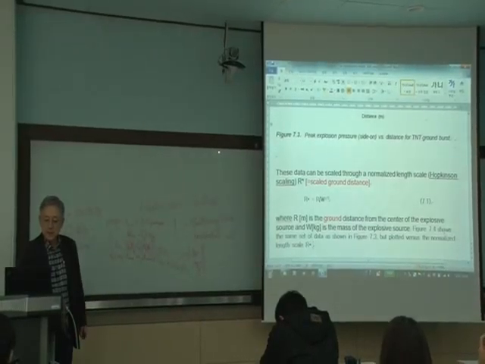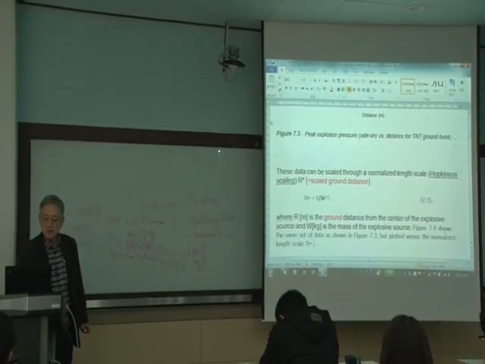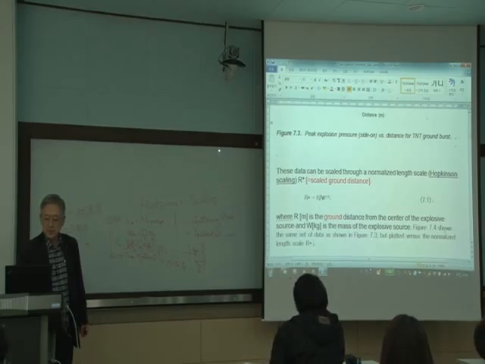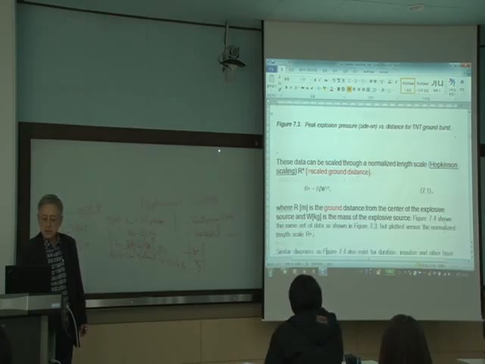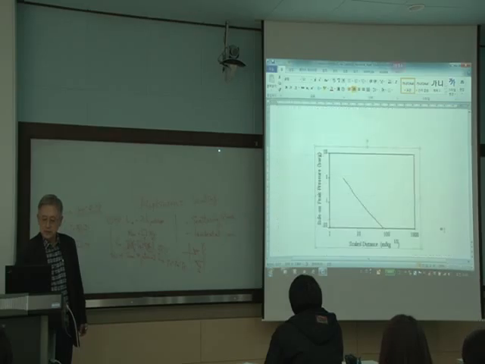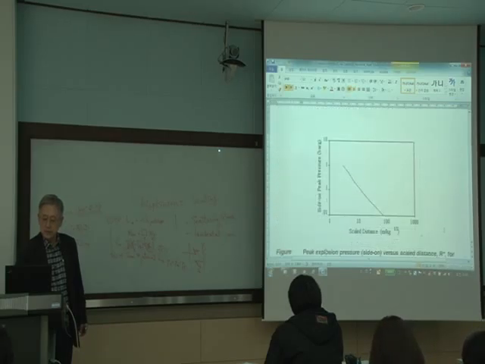R is the ground distance from the center of the explosive. Capital W is the mass of the explosive source. We'll stop there.